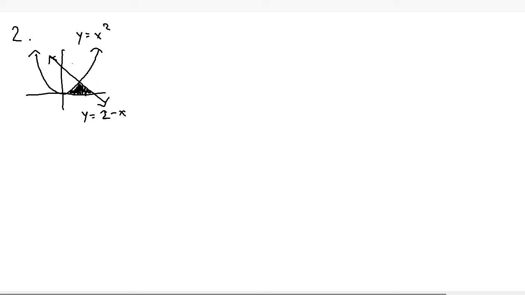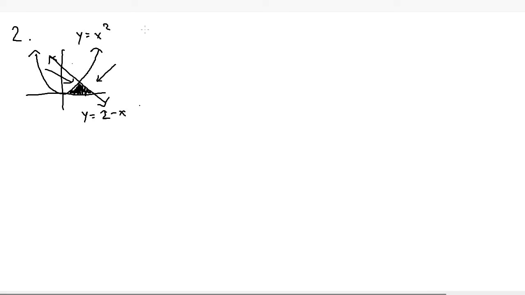So looking at number 2, there isn't necessarily a top curve minus bottom curve here. Instead, there is a right curve and a left curve. So unlike the previous problem where it was top curve minus bottom curve and we had to use x values, in right curve minus left curve, we have to use y values. So in order to do that, we also have to change our equations so that they're all in terms of y.